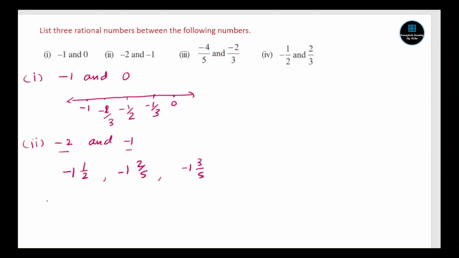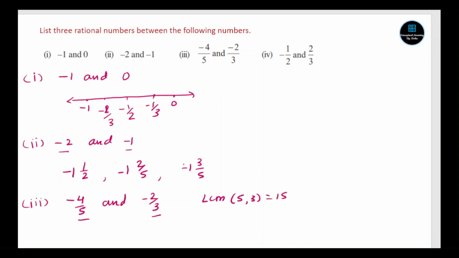All right, now let's solve the third one. So now we are given -4/5 and -2/3. Now to insert three rational numbers between these two, I'll make the denominator the same first, okay. By taking the LCM, the LCM of 5 and 3 is 15.